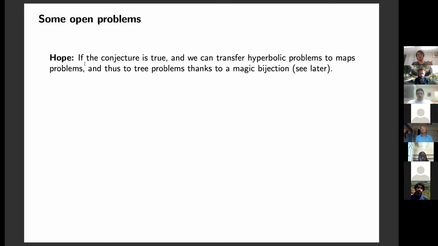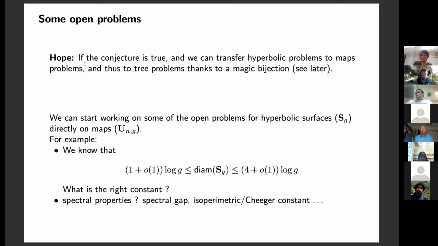This random trees is something that us combinatorists and probabilists understand very well. So that might help prove problems from the other side using just combinatorics and probability. And of course we don't have to wait for the conjecture to be proven to work on these open problems, to transfer them directly onto our maps.